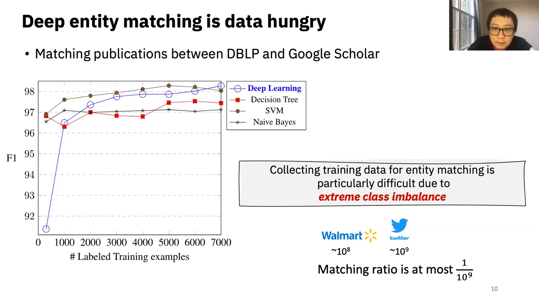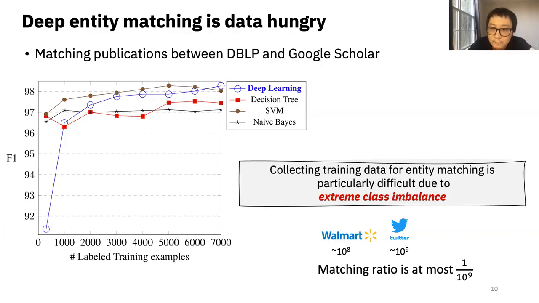Take the Walmart Twitter scenario as an example. The Walmart customer database may contain about 100 million records, and the Twitter profiles may have more than 1 billion records, right? So even if every Walmart customer can be matched to one of the Twitter profiles, which is very unlikely, the matching ratio is at most 1 over 10 to the 9th.